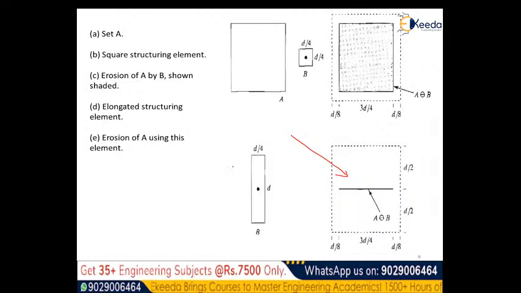Erosion of A using the elongated version, you are just finding a line. So this is the line, that is A eroded by B.